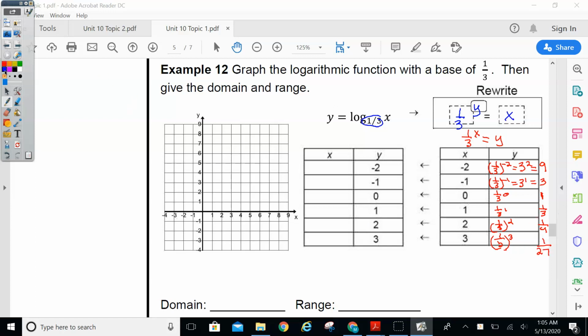Okay, so notice I've already flipped these points for you. So these x values are now the y values. So now all I need to do is write these over here. So -2 is 9, -1 is 3, 0 is 1, 1 is 1/3, then 1/9, and 1/27.